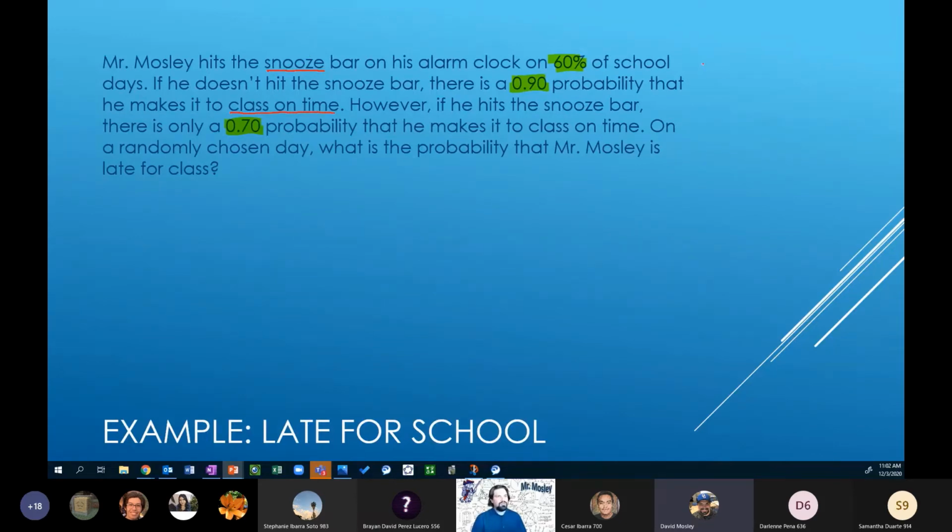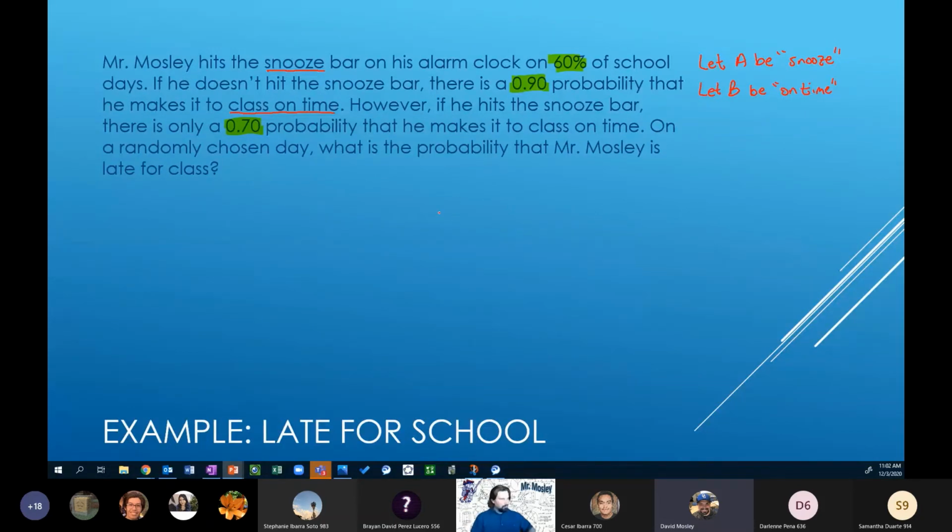So we're going to have A, snooze, and event B, on time. This will just allow us to use some notation later.